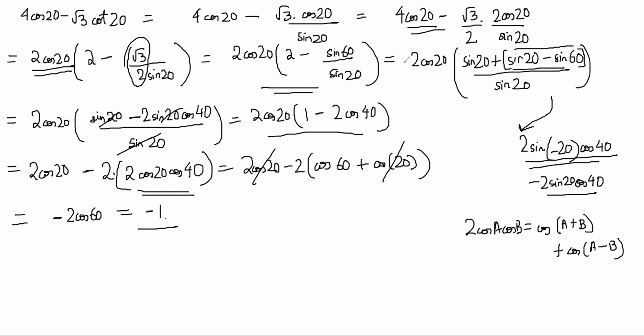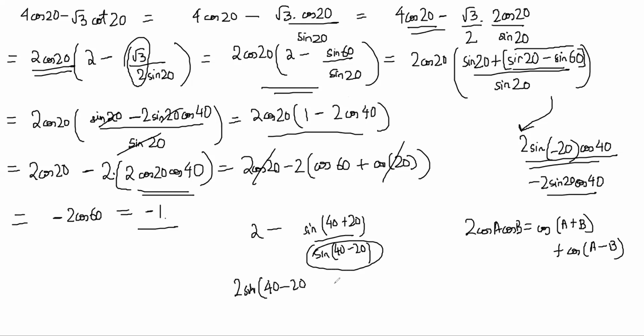Even if you write it like this, you would have to eventually deal with the fact that you have to do something about this 2 sin(40 minus 20) minus sin(40 plus 20). So the only way you can simplify it is by doing this.